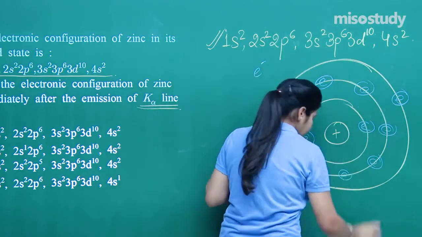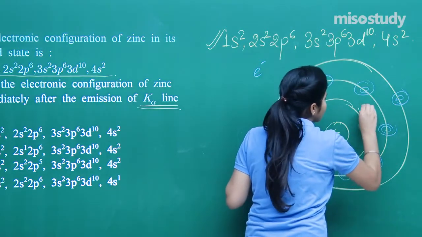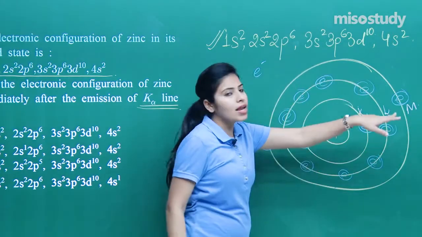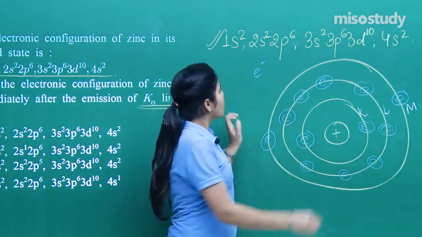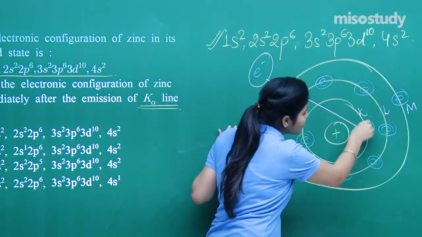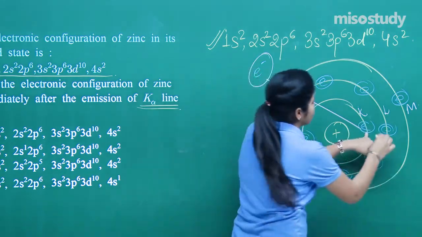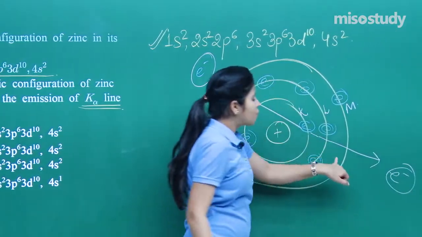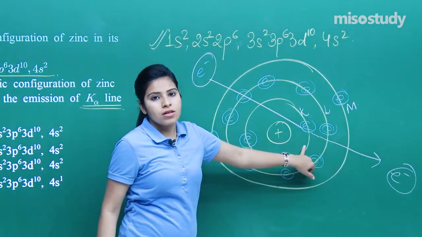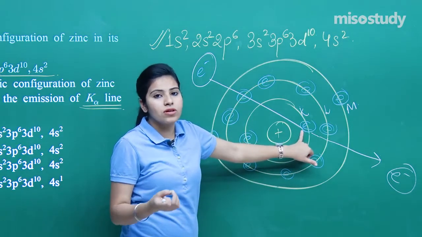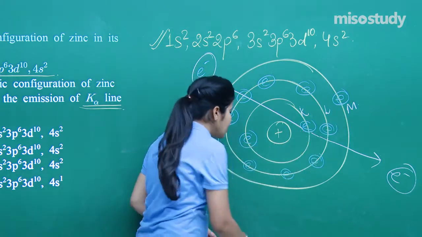Let me just write, this is your K shell, this is your L shell, this is your M shell, KLM shell. Now when the electron comes, it will directly come and remove this electron from the innermost shell. Now because this electron has been removed, there must be a vacancy now.